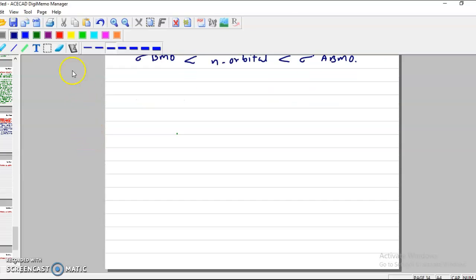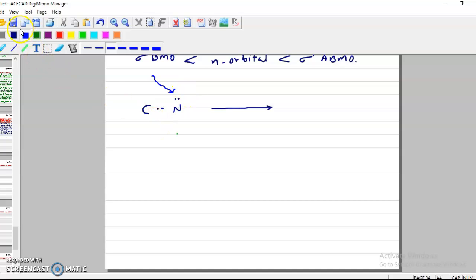So, when a molecule having a single bond between carbon atom and heteroatom like nitrogen absorbs UV radiations, there is a single bond between these two, so there are two sigma electrons, and nitrogen has lone pair of electron which will be in n orbital. These radiations will be absorbed by n electrons.